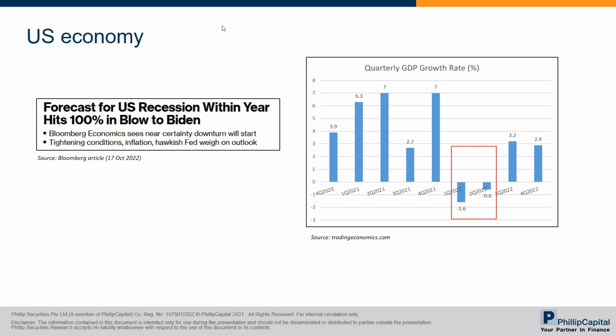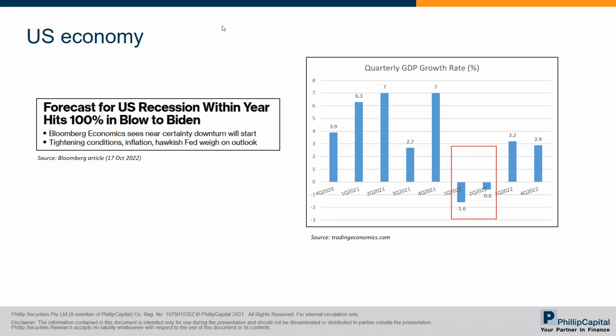But if we look at the US quarterly GDP, we see that the US actually already had a recession in the early part of 2022. In the first quarter of 2022, the US GDP was at minus 1.6%, and for the second quarter, it was minus 0.6%. The traditional definition of a recession is two consecutive quarters of negative growth.